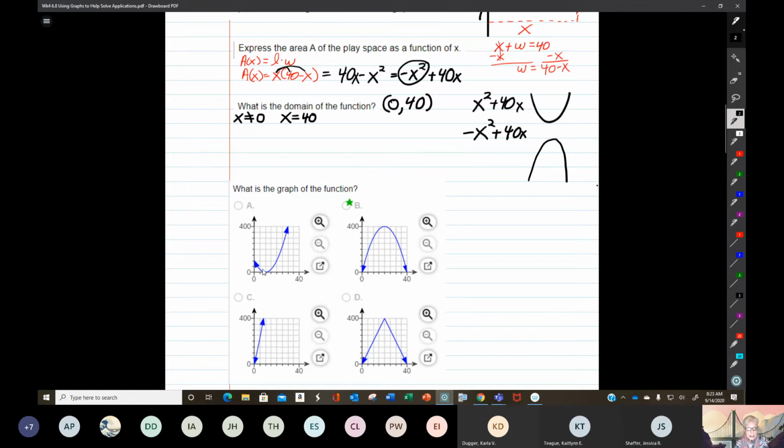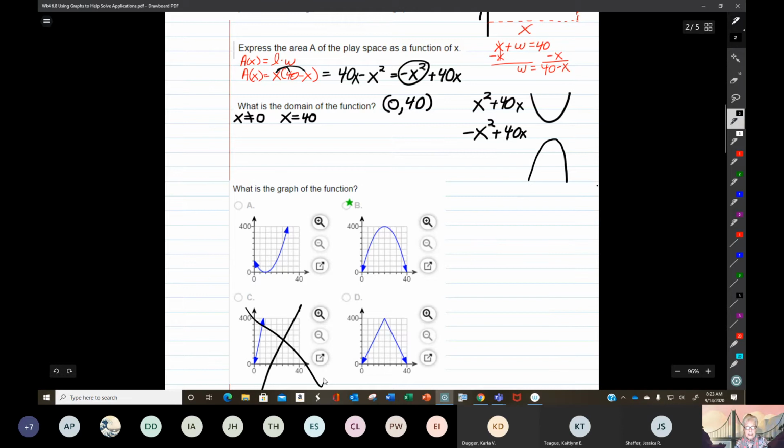So rather than looking like this, it's going to look like this, which is why you have that green star there. It's definitely not a straight line, not if you've got a variable raised to any power besides 1. And it's not an absolute value because you don't see an absolute value anywhere in there.